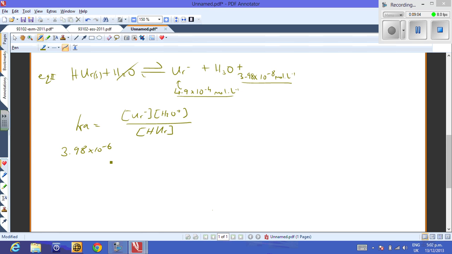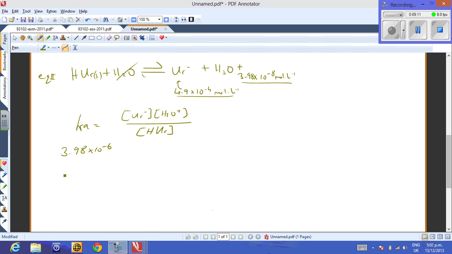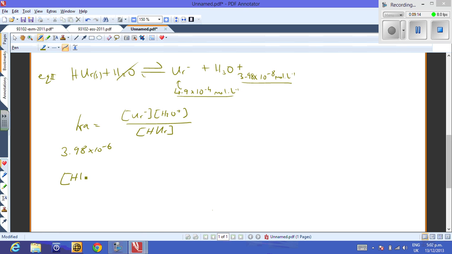And then you want to rearrange that expression so that the concentration of HUR is going to be equal to the concentration of UR minus, 4.9 by 10 to the minus 4, times the H3O plus, which is 3.98 by 10 to the minus 8, and then divided by the Ka, which is 3.98 by 10 to the minus 6. And that works out to give you an answer of 4.9 by 10 to the minus 6 moles per liter.